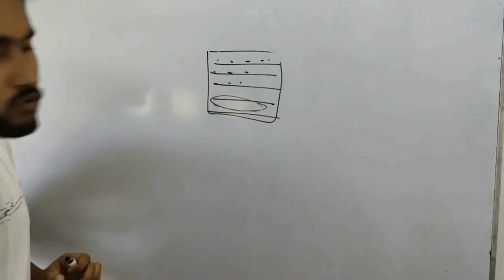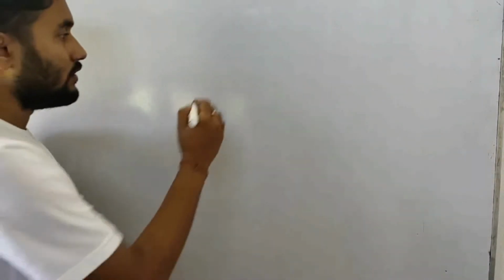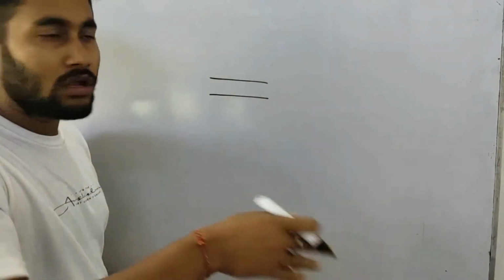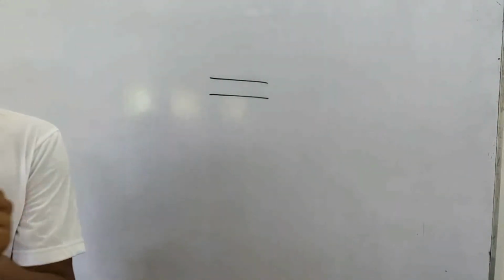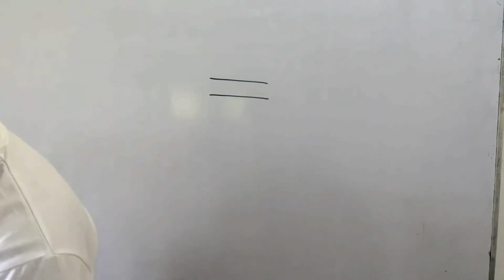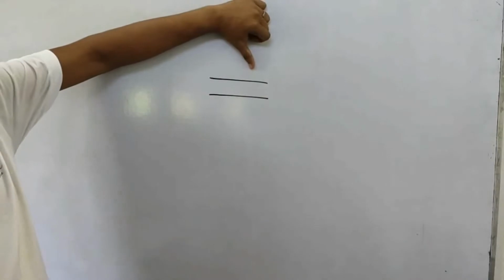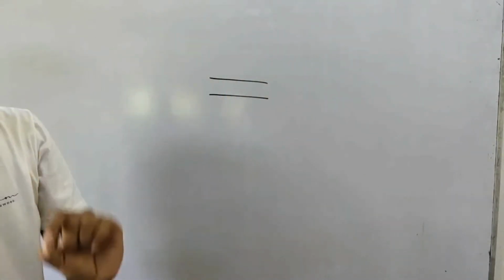Compulsory. This is the rule. Read the question once again in such a way that each row, these are rows, row, column, you know? These are rows. Each row contains as many plants as the number of rows.